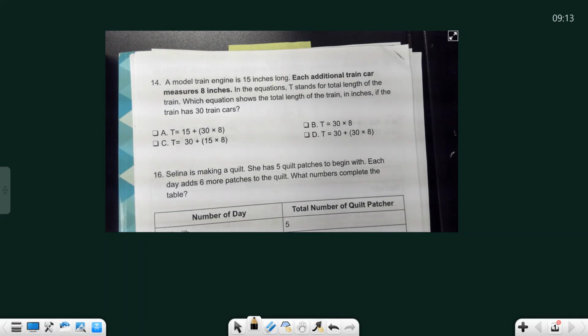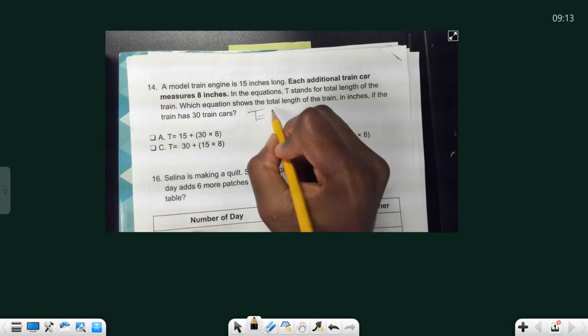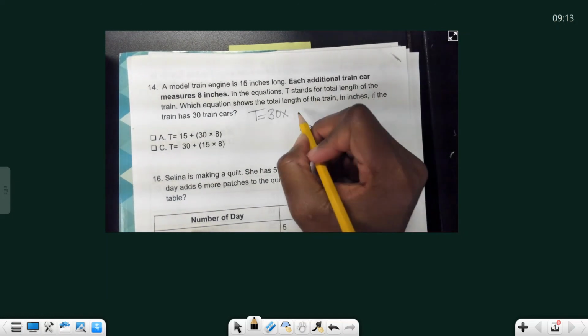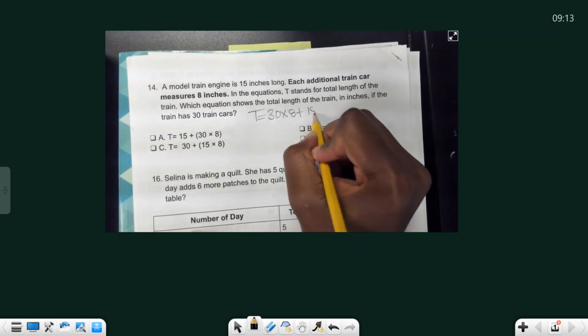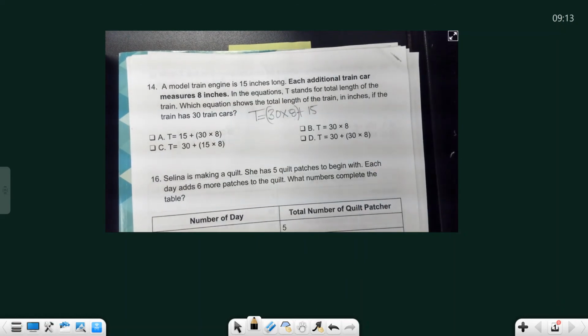In the equations, T stands for the total length of the train, which equation shows the total length of the train in inches if the train has 30 train cars. Those are your rounds. So P equals round times pennies added plus start number. Instead, we're doing T equals 30 times 8 plus 15. Where do we see that? A.